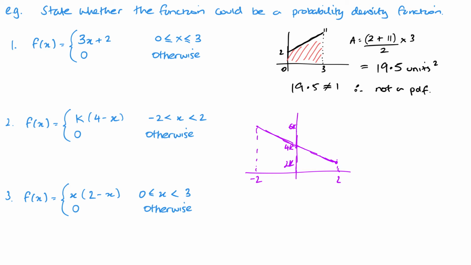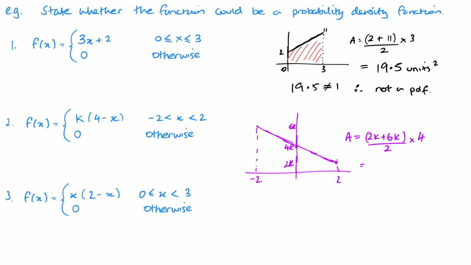So if I first find the area of what I've got in terms of k, again, I've got a trapezium, haven't I? So that area is going to be my A and my B. So A is going to be 2k and 6k. So 2k plus 6k over 2, multiplied by the distance between them, which is 4.